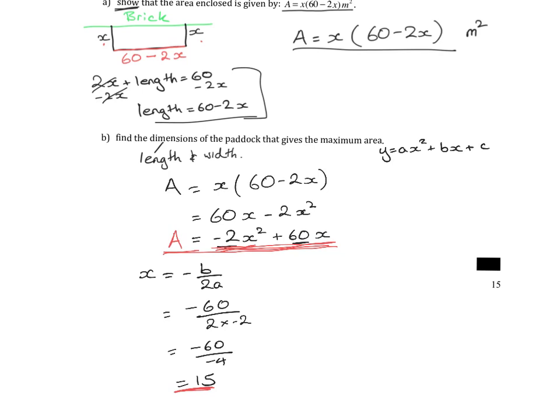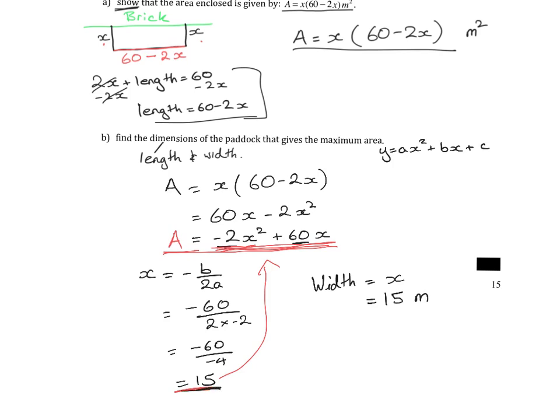Now, we don't actually need to find the maximum area. They didn't ask for that. If they did, I would have substituted 15 into this function here, the area. Instead, they just want us to find the dimensions. So what does that mean? Well, the width, which is just x, would be 15 meters, because that's what x is.